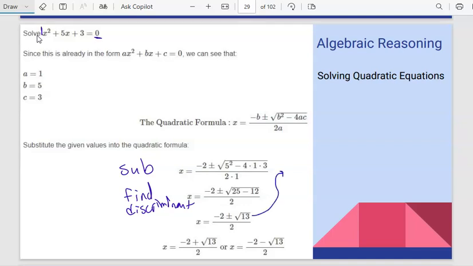Next, simplify if possible. In this case, 13 doesn't need to be simplified. And then you would simplify the fractions, reduce it.